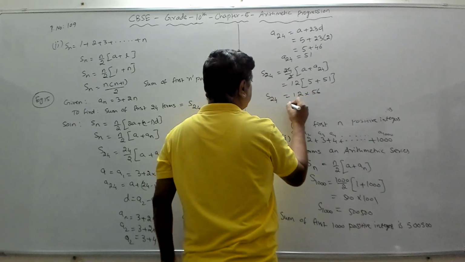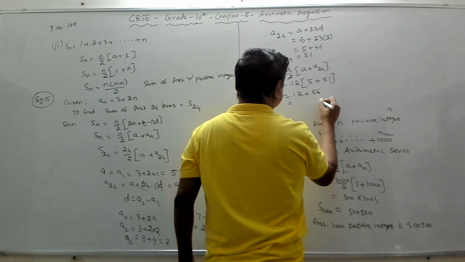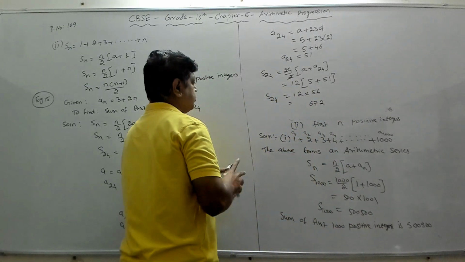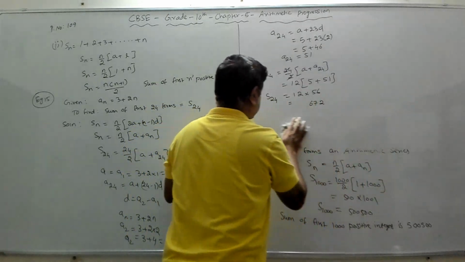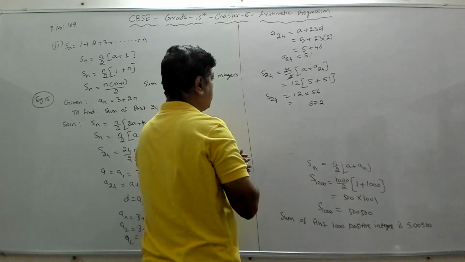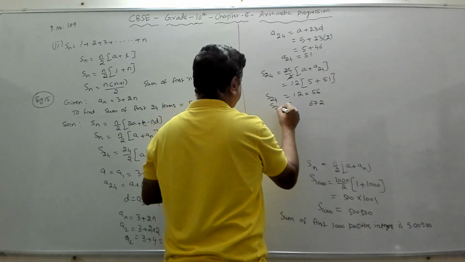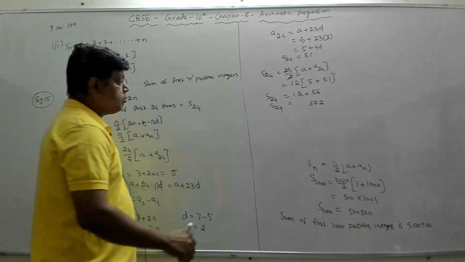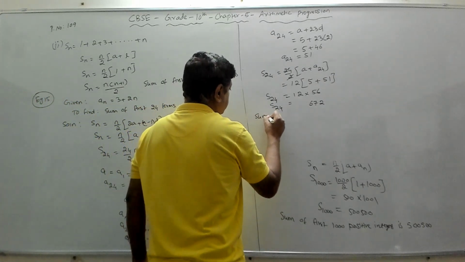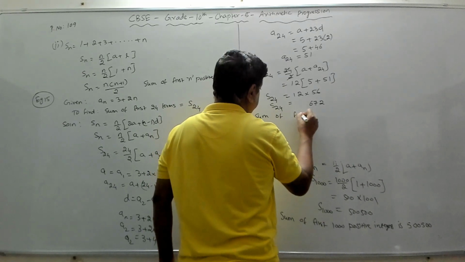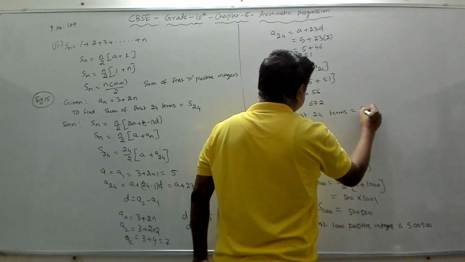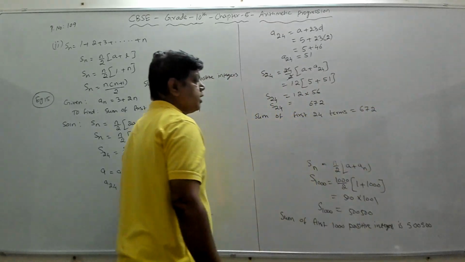So let's do that. 12 times 6 is 72, 12 times 50 is 600, so 672. So the sum of the first 24 terms is equal to 672. That is the answer.